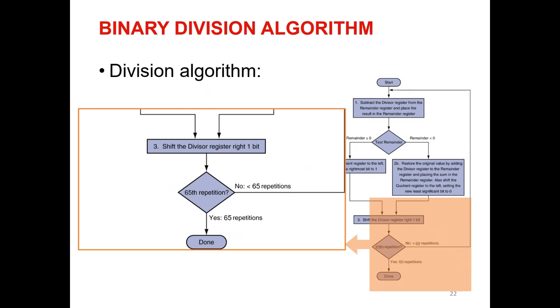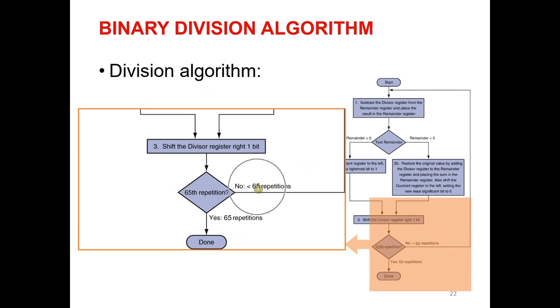So in this case, the third step will be shifting the divisor register right by 1 bit. And notice here that in the multiplication we needed 64 repetitions because we were multiplying registers of 64 bits. In this case, we need 65 repetitions.